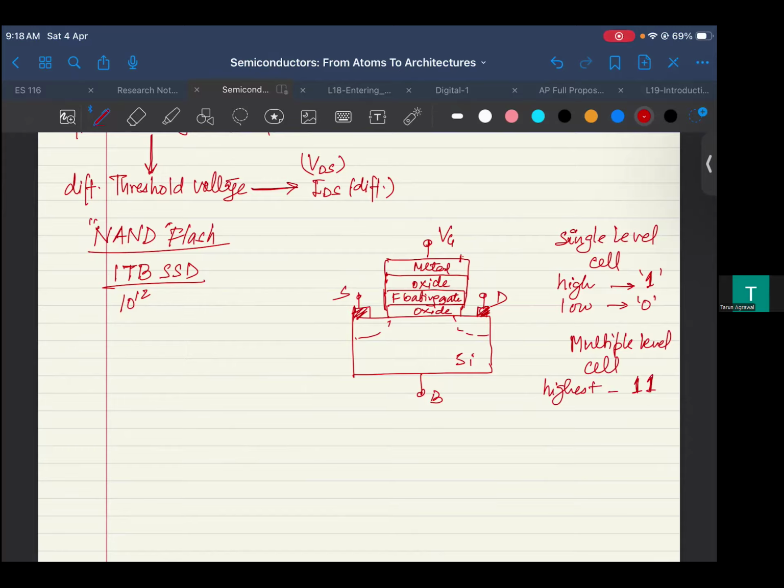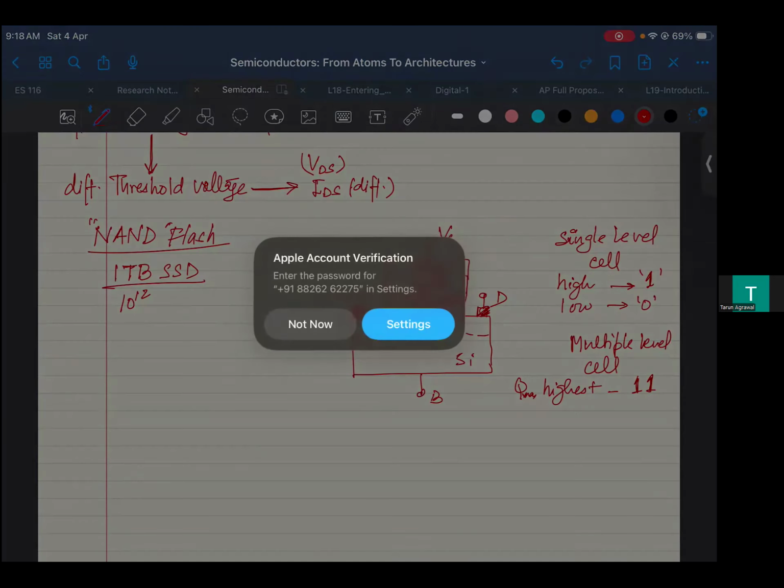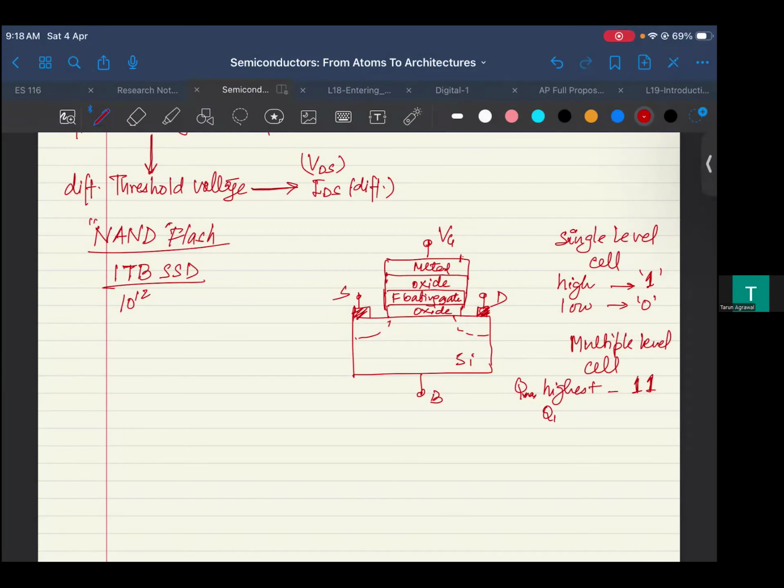This is the highest charge, Q max. Then Q max minus delta Q is, let's say, your 1 0. Then Q max minus 2 delta Q would be my 0 1.